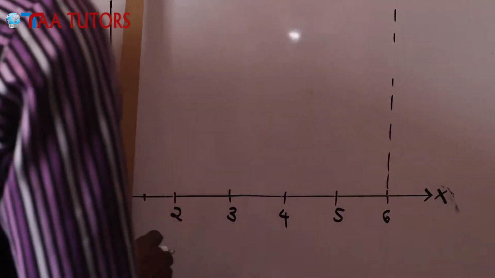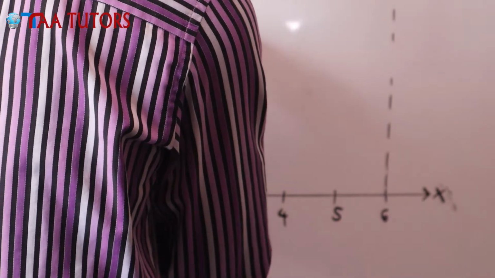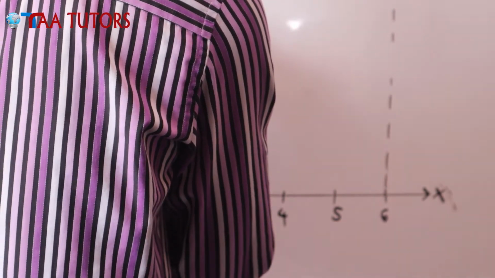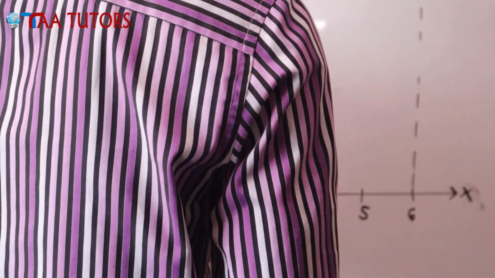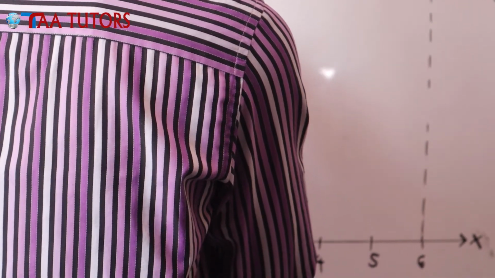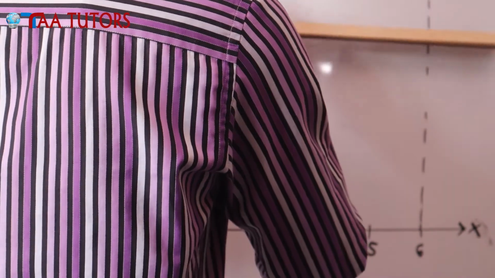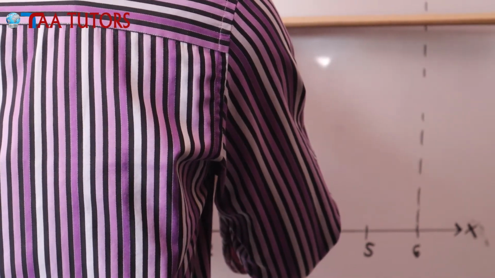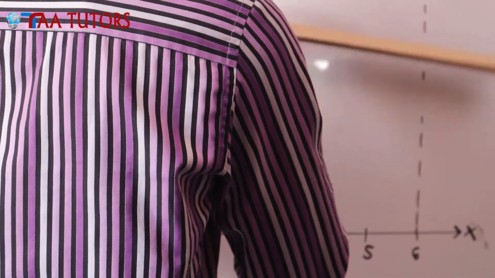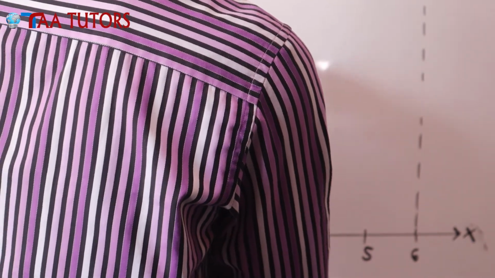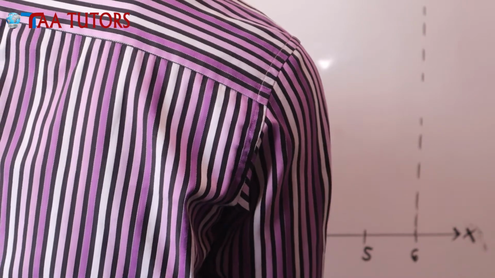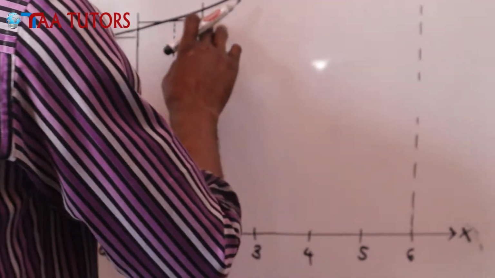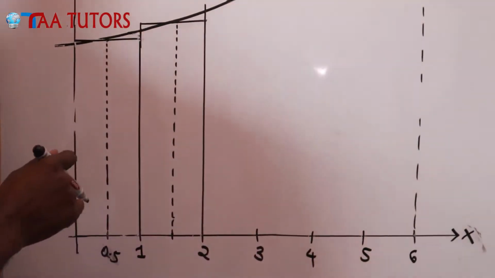So the second ordinate, if we draw it here with a dotted line, in my diagram the dotted line will represent the mid-ordinates, while the continuous lines will represent the boundaries of those ordinates. So this is what we have for the second ordinate.